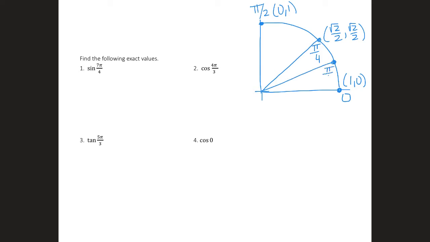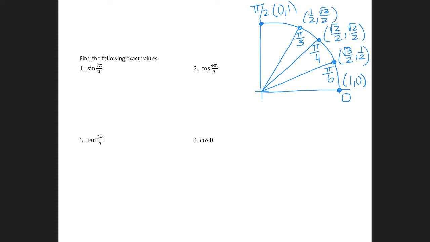Down here's pi over 6. This is 1/6 of the way to pi. The coordinate for that is root 3 over 2 and 1/2. And then up here, we have pi over 3, and that coordinate is 1/2, root 3 over 2.